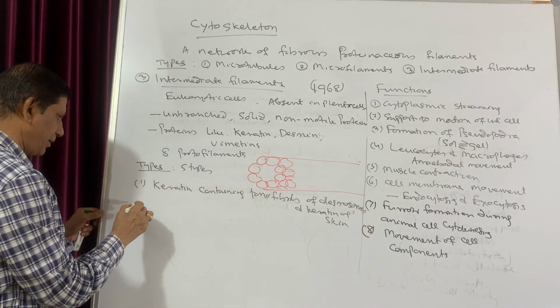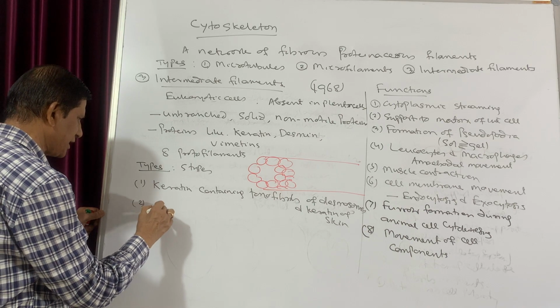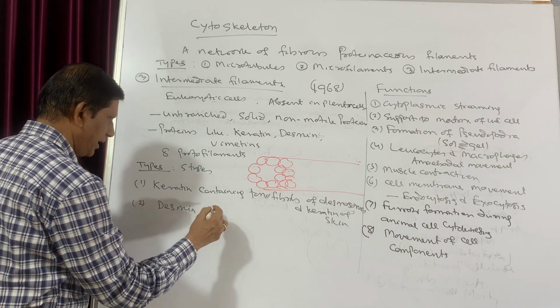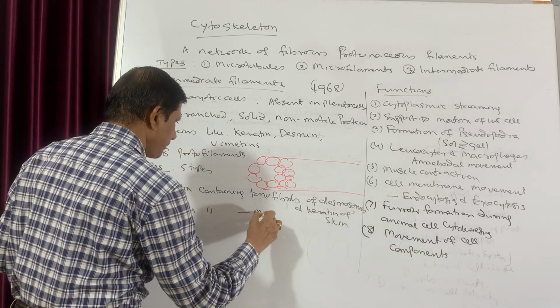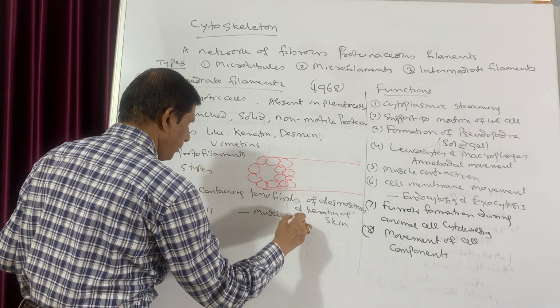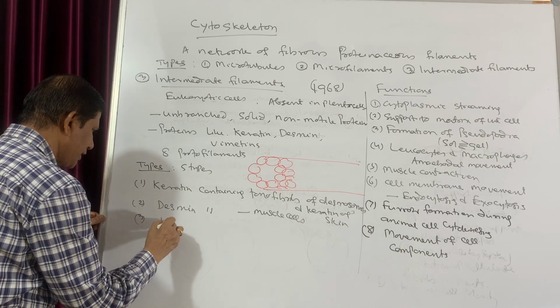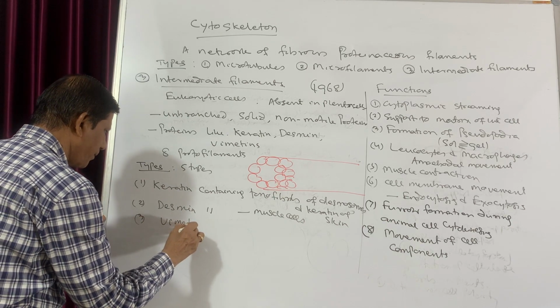That is the number 1 type. The number 2 type is desmin, desmin containing muscle cells.